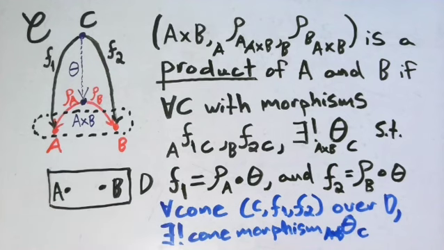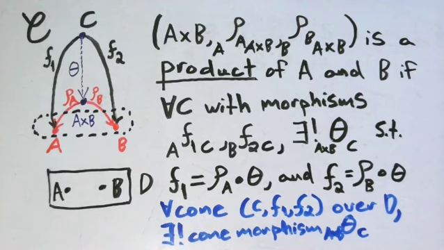For any object, which in this case are cones, there is exactly one cone morphism going into that cone, right? Because cone morphisms land in the vertex of the target cone.